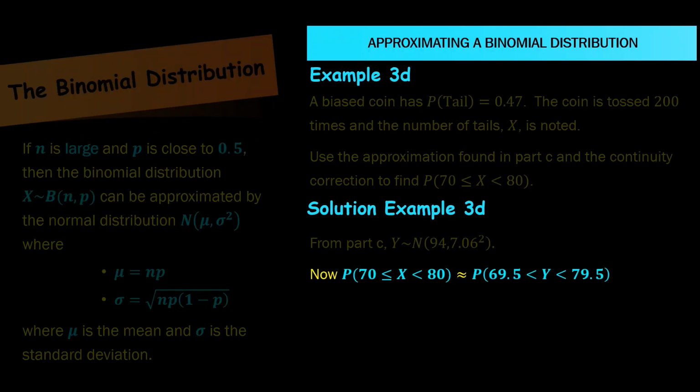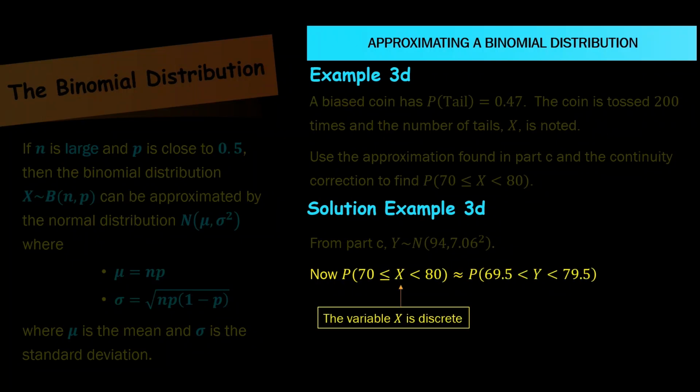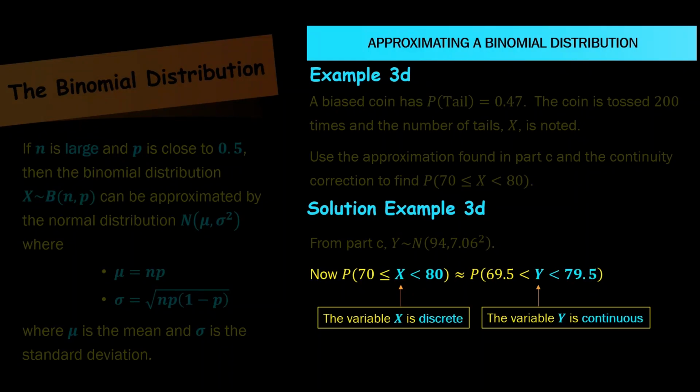Of course, the variable x is discrete and the variable y is continuous, and this is why we need to add a continuity correction. And in particular, x being less than 80 in a discrete world means that y is less than 79.5.